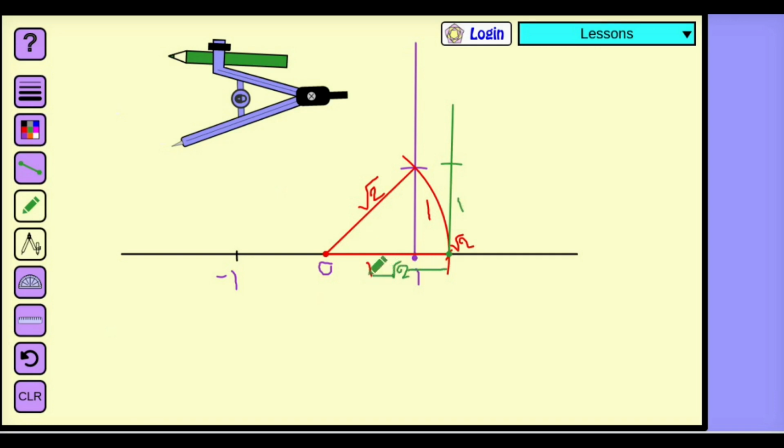Now, join the point 0 to the intersecting point on the perpendicular line, which is equal to root 3. That is, 1 square plus root 2 whole square, whose root is root 3.